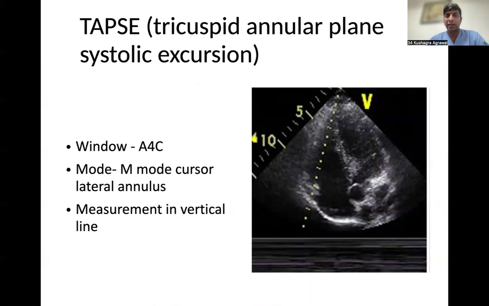TAPSE is basically tricuspid annular plane systolic excursion. It shows longitudinal contraction of the myocardium towards the apex. So an apical 4-chamber view is obtained and the cursor is placed towards the lateral annulus, and M mode is placed.